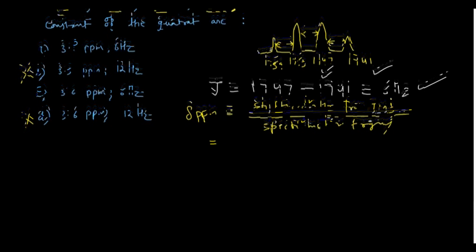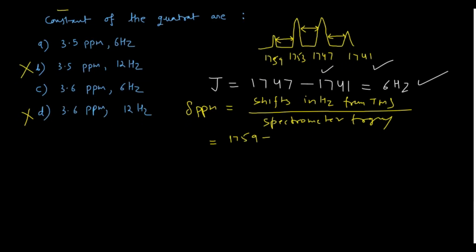First was 1759, and the difference of 6 is 1753. The difference of 6 is 1747. The difference of 6 was 1741. And we can take the average of these, so I write divided by 4.